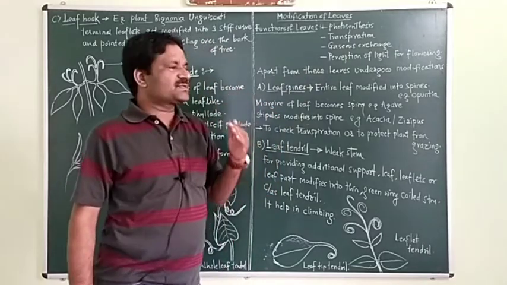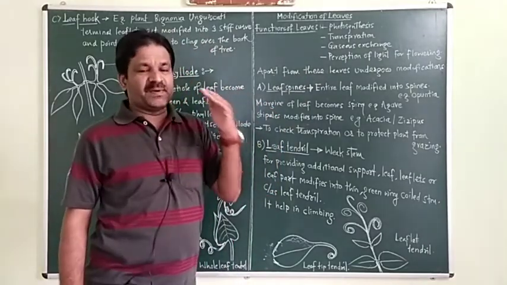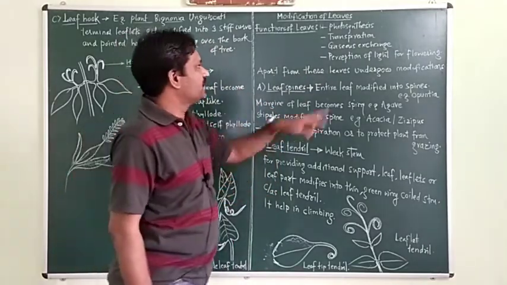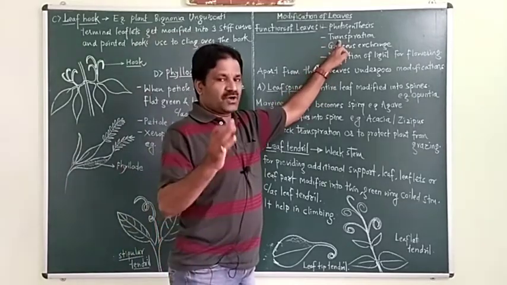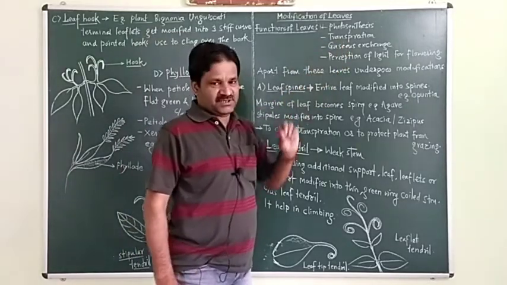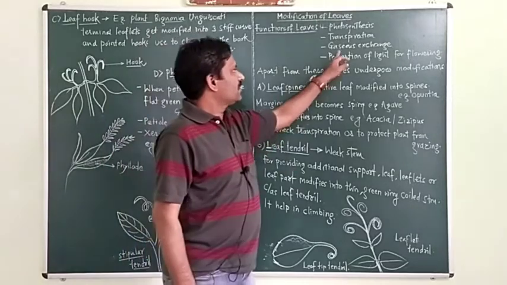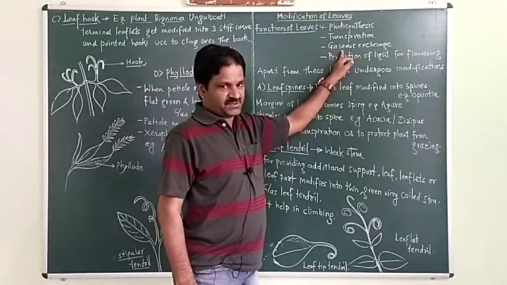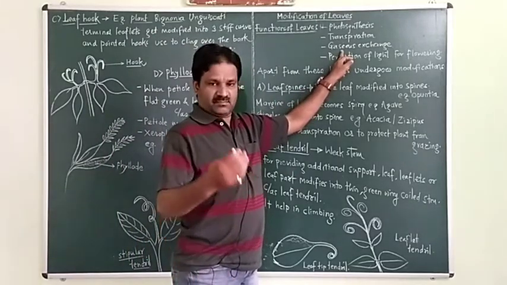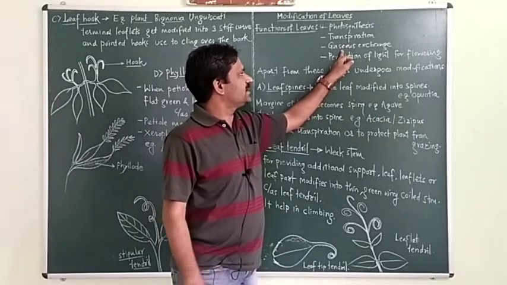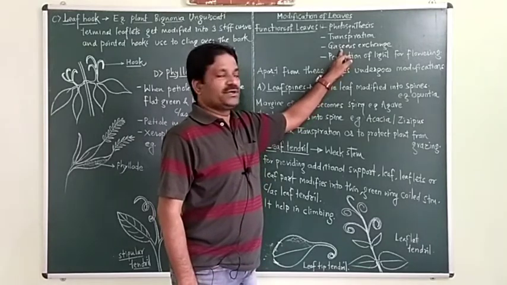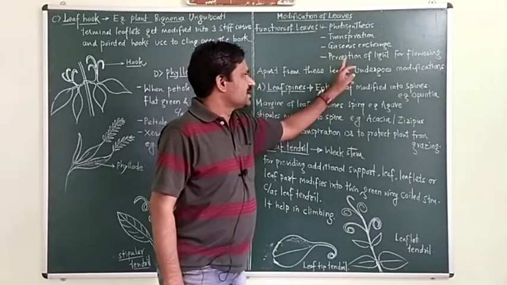Generally leaves possess openings, the stomata, through which transpiration takes place. Gaseous exchange takes place through the stomata; carbon dioxide is utilized and oxygen is released through the leaves during photosynthesis.